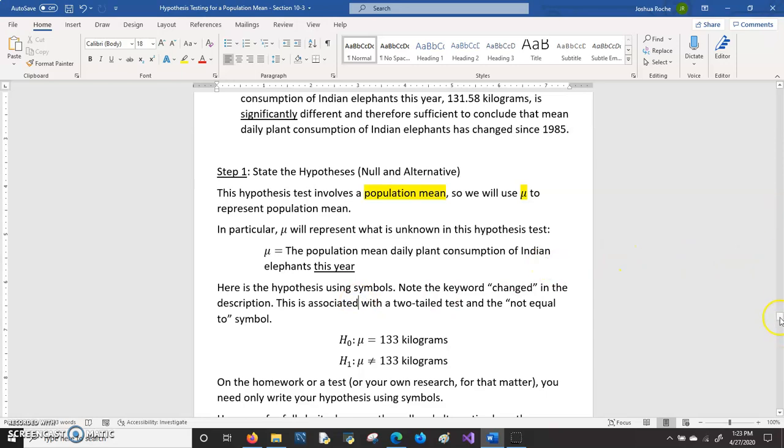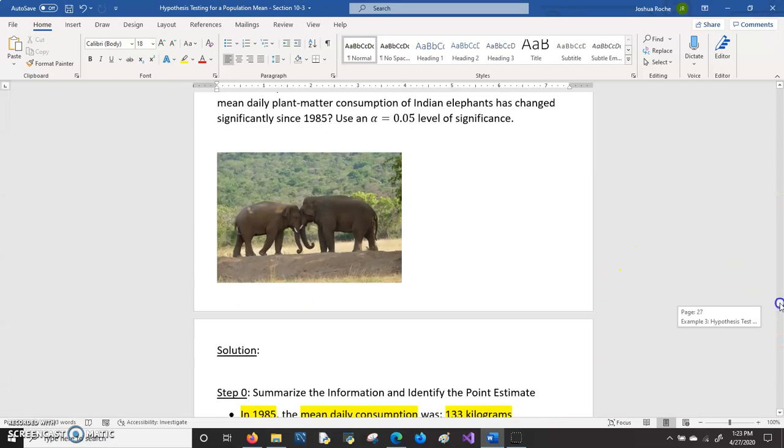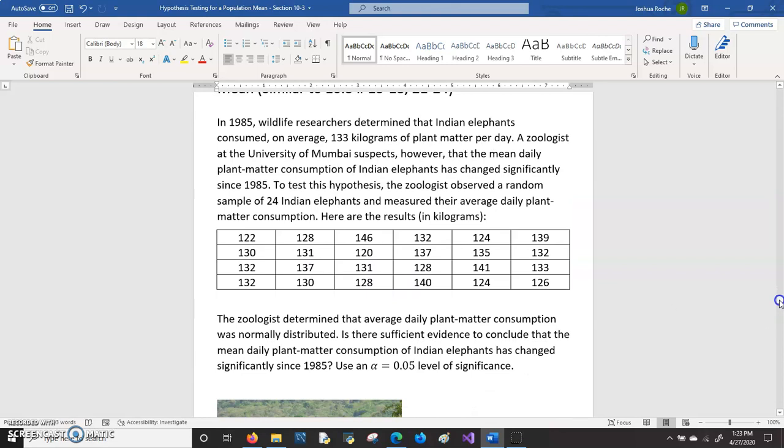So in the description of this study, it says that the zoologist suspected that the daily consumption of Indian elephants has changed significantly since 1985. It's also stating that in the question down here.